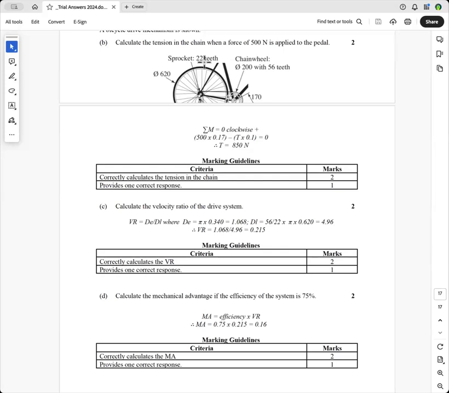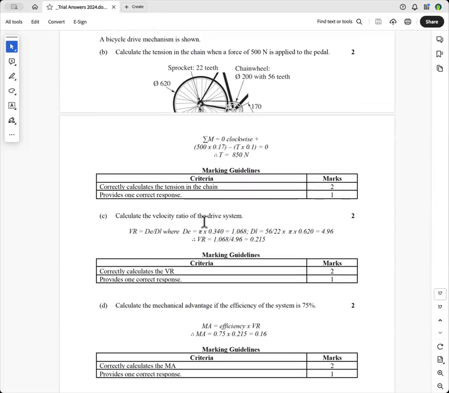The distance the effort moves is pi times 340, which is 1.068, and the distance the load moves is the velocity ratio of the chain system times pi times 620, which is that diameter there. This 340 is twice 170, and so the velocity ratio is equal to 0.215.